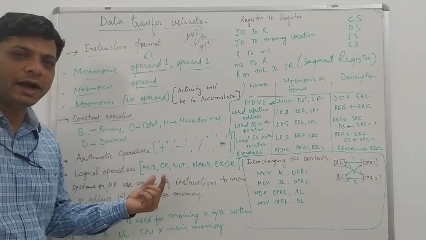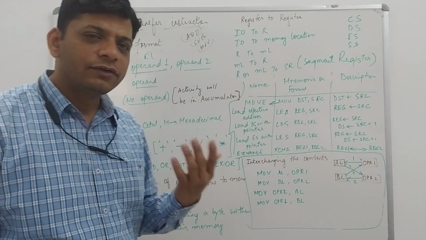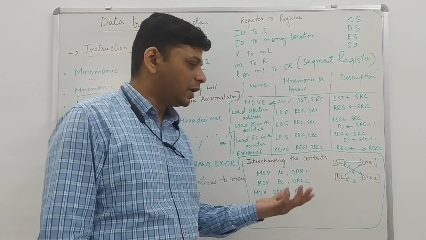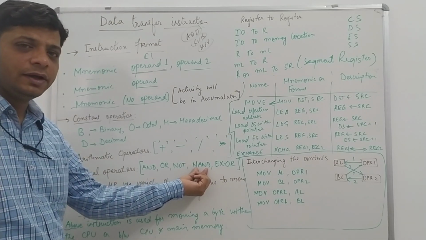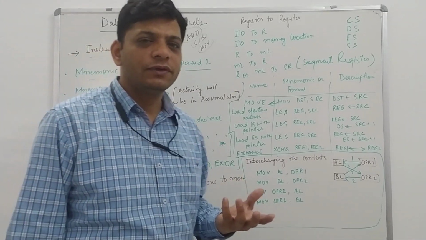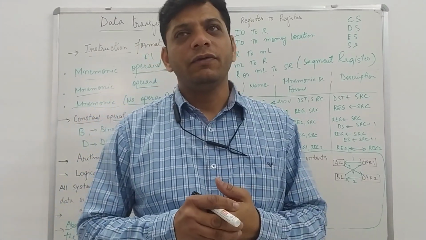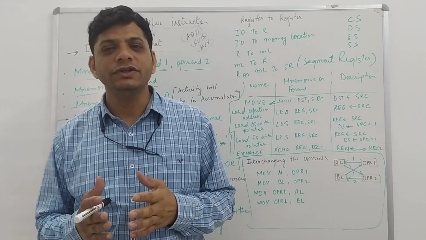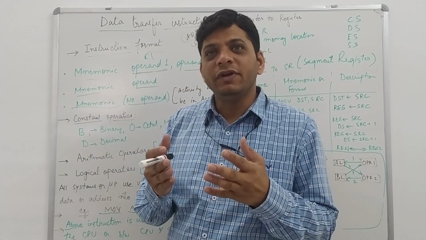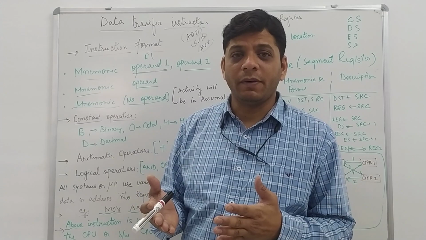Logical operators like AND, OR, NOT, XOR, NAND, or other logical operations also like NOR, the second universal gate. So we can say that a microprocessor is a kind of device through which we can send our data within the CPU or between the CPU and the main memory, right?